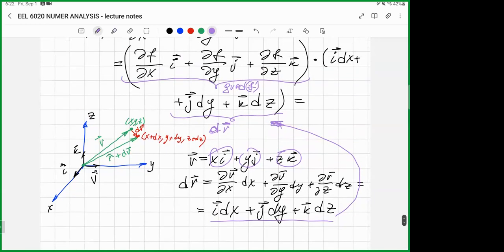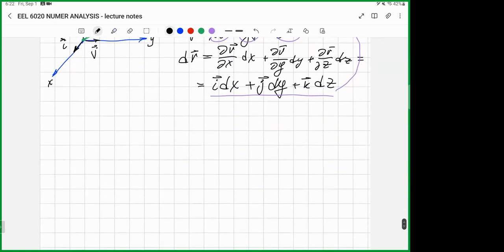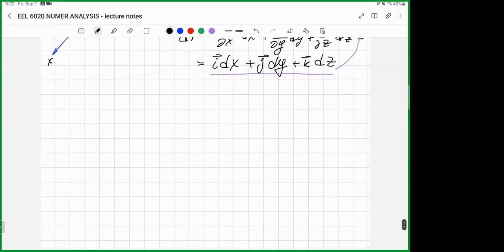So this is dr. And we come to a quite important formula, which states that the differential of the scalar function can be represented by the gradient of this function times dr. I remind you that the gradient is a vector, dr is of course a vector, and df is a scalar, as the inner product of two vectors.